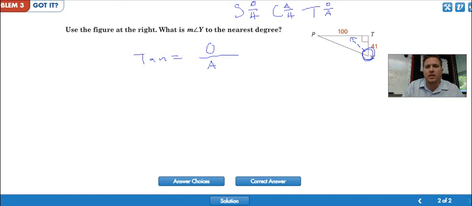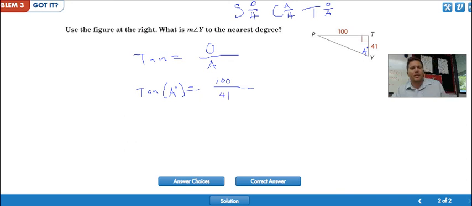Again, I'm trying to find the angle, so let's call this angle A. We're trying to find out what angle A is. So I would take tan of angle A, and we know the opposite is 100 over my adjacent, which is 41.